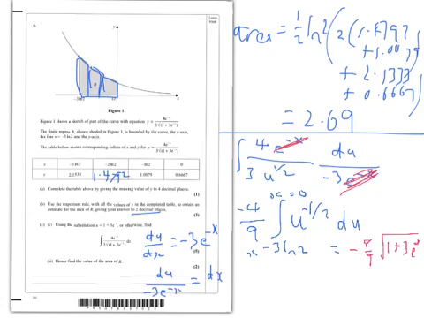Putting in minus 3 log 2 we get root 25, and putting in 0 we get root 4, so we're going to end up with that being in total 8 over 3. That becomes just chucking these values into this and subtracting in the usual way. So 8/3 is the answer. 2.67 will do if you're going to use decimals, but 8/3 is the correct answer.